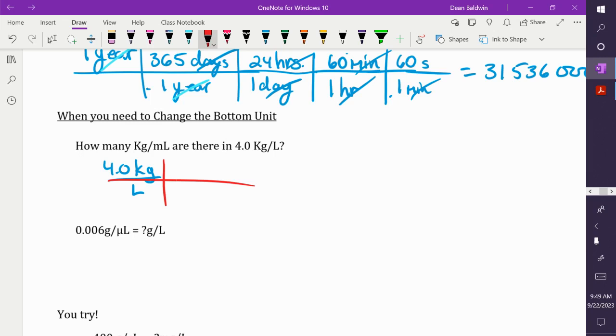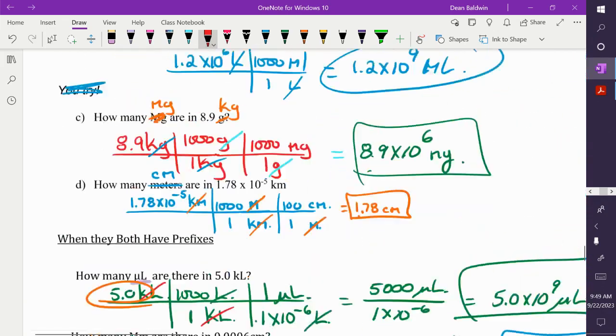So that means I have to have liters up here and milliliters there. What's the conversion between milliliters and liters? How many milliliters are in a liter? 1,000 milliliters or 1 liter.